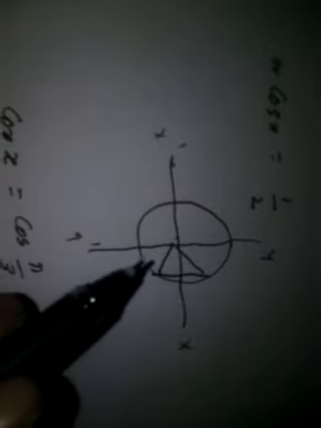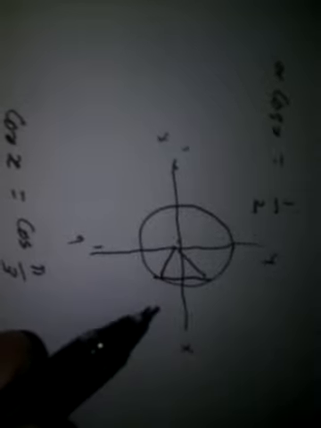While 2 pi and 0 coincide and have the same values, as a matter of principle, to have a better comparison and to avoid confusion, we should take 2 pi.